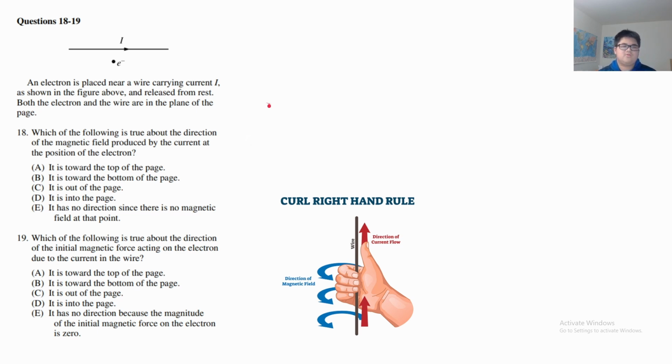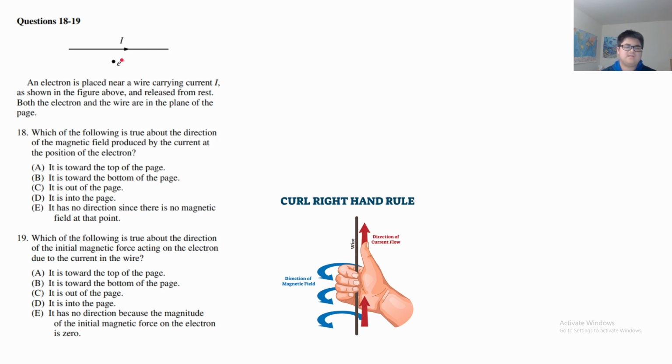So if you point your thumb in the direction of this current, and keep in mind this is your right hand, not your left hand, if you point your thumb of your right hand to the right, then your fingers would curl like this, and therefore at this exact point, your fingers would be pointing downwards.